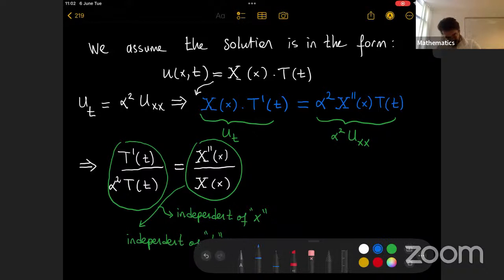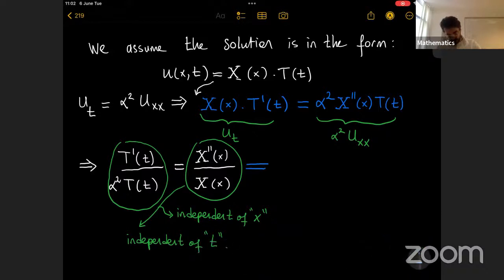So this implies the whole thing is independent of x and t, thus it is constant.